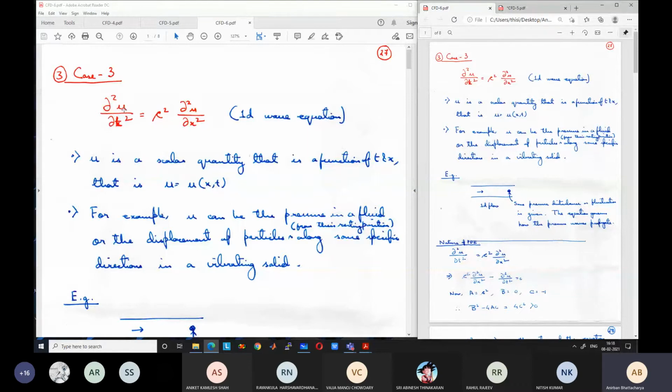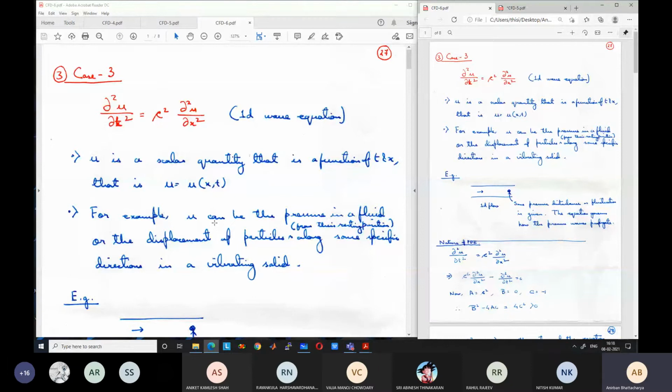Wave propagation equation. Another example can be that u is the pressure in a fluid, like what we were discussing. There is a fluid in a cylinder, a very long pipe, and I introduce a perturbation on the fluid. I push the fluid at one point.